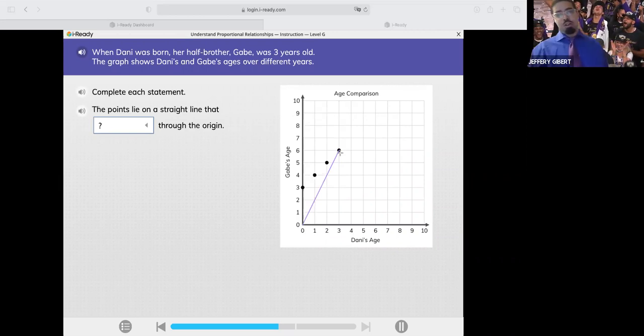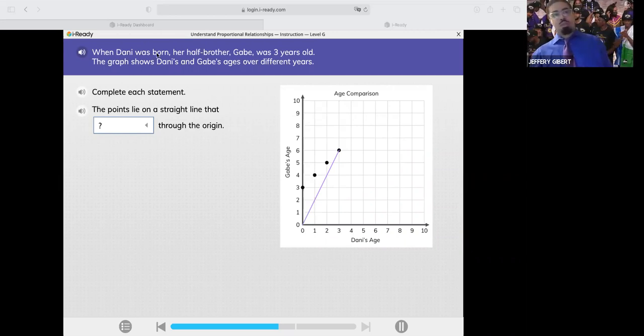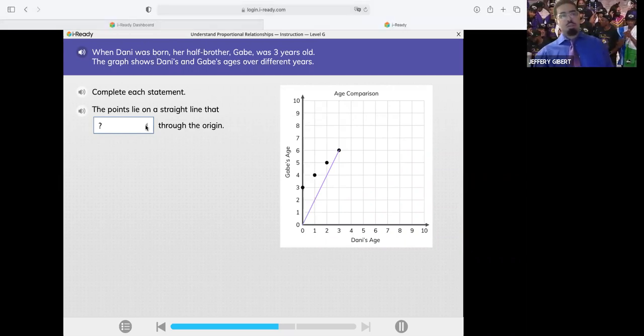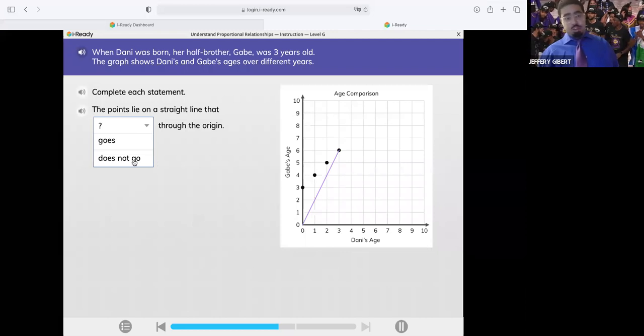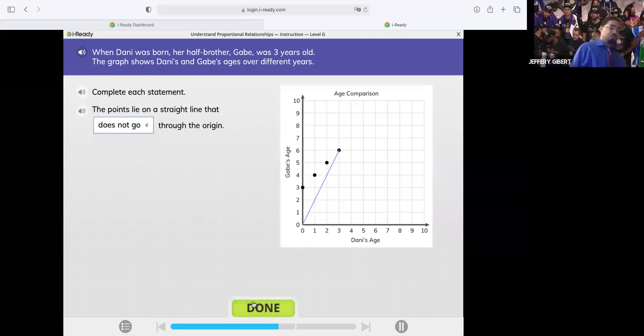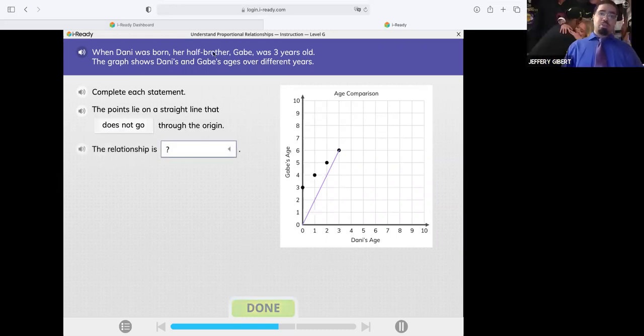Are these 4 points on a straight line that goes through the origin? No. That's correct. Does not go through the origin. So since it is a straight line but doesn't go through the origin, is it proportional or not proportional?